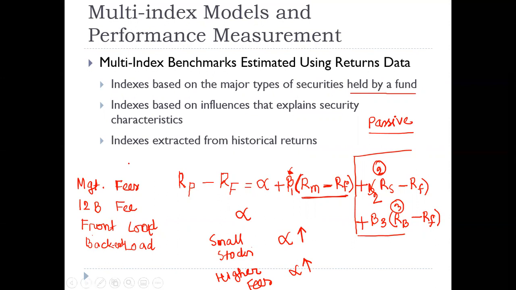But when Elton and Gruber included an index which represents the return for small stocks and also included an index to represent the return for bonds, they found that alpha has now become insignificant.